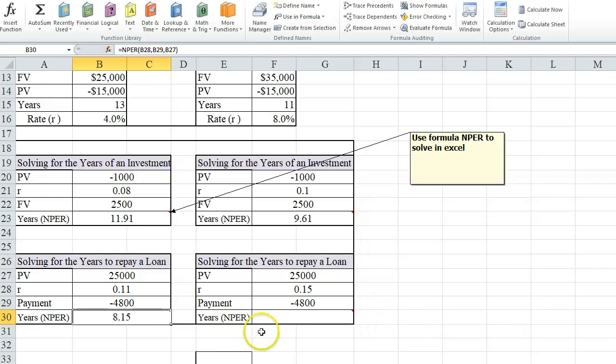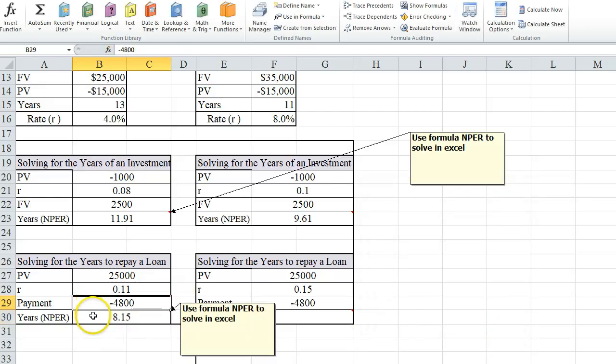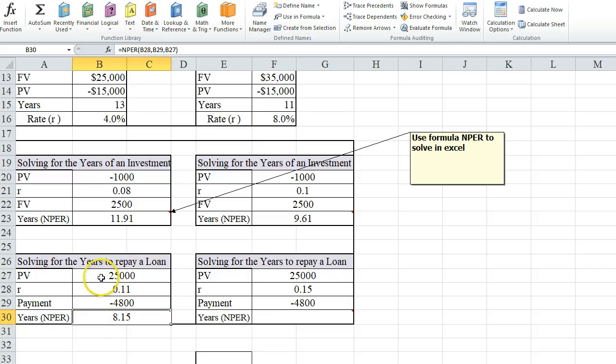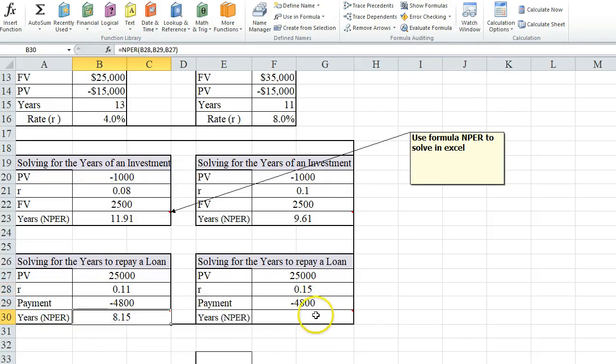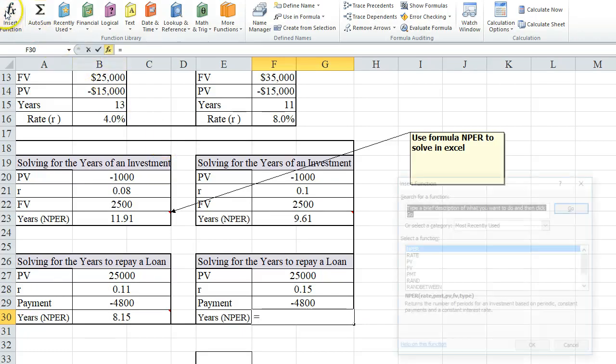Let's see if this works. Okay, it does work. So N per would be 8.15 years. So if you had a $25,000 loan making a payment of $4,800 per year at a rate of 11%, how many years do you pay off the loan? 8.15. So let's do the same thing over here.